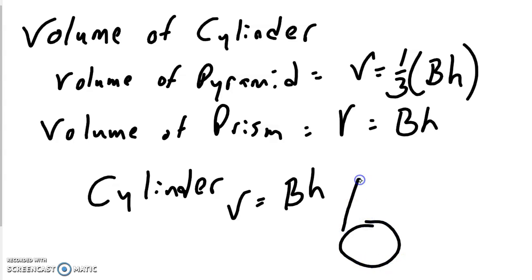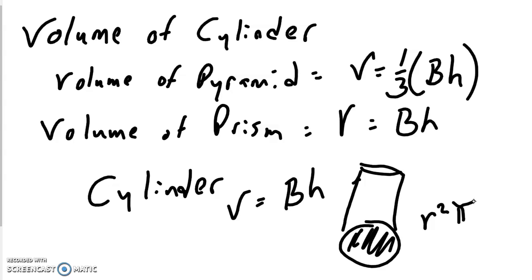And if you think about a cylinder, the important part is our circle. So to find the area of the base, we're going to want the radius squared multiplied by pi.